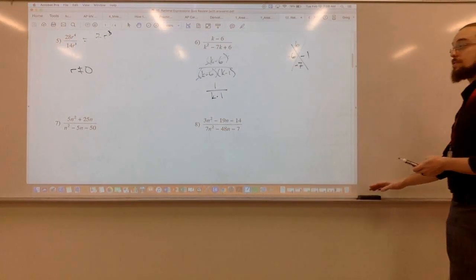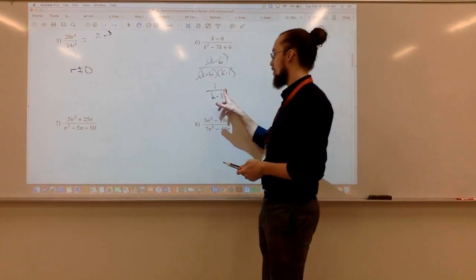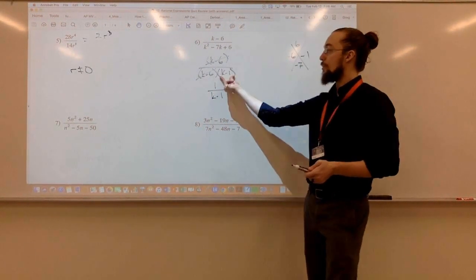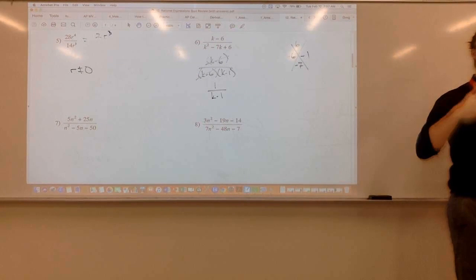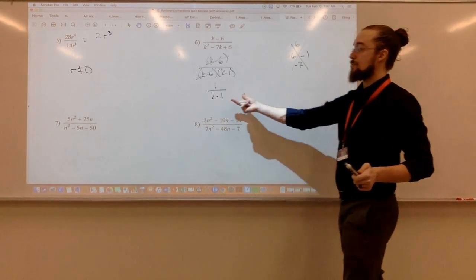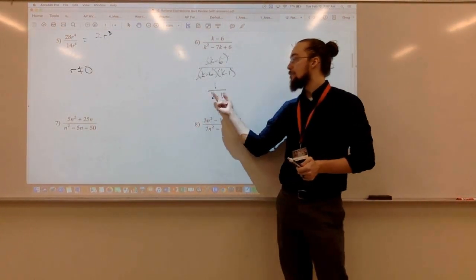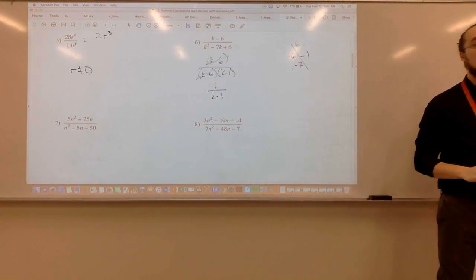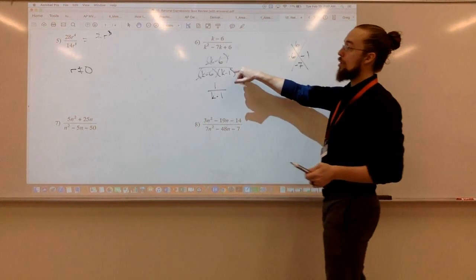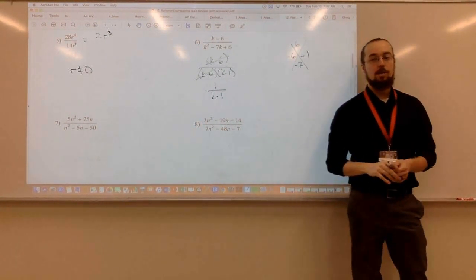So this is a mistake I saw a lot of people make on the graded assignment. Right? If we're just left with one factor, but it's in the denominator, we still have to have a numerator. Right? We can't just move this to the numerator. So if I cancel everything out, the numerator is now 1. So this would still be 1 over k minus 1.